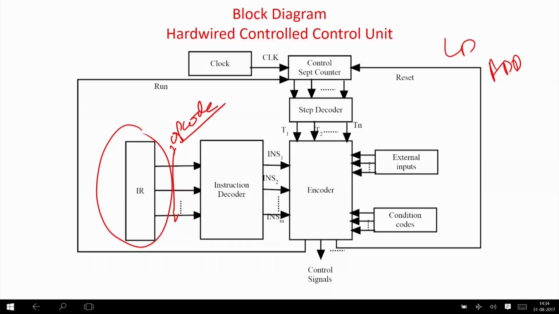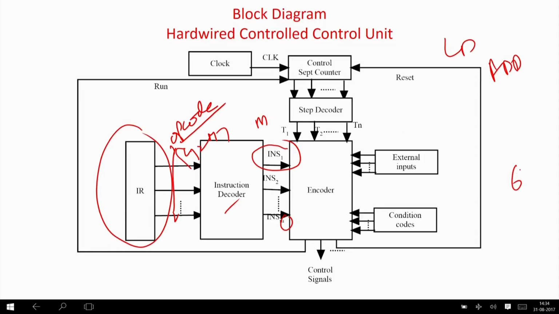So, based on the opcode it will give the inputs to a decoder. The decoder will make the corresponding 1 bit high. If there are M instructions, it will be a decoder of M outputs and the input will be log 2 M bits.